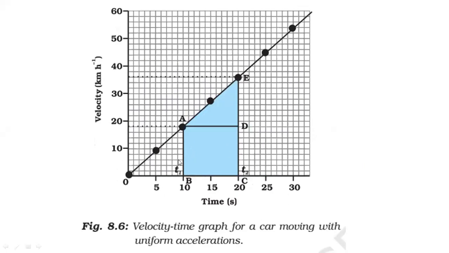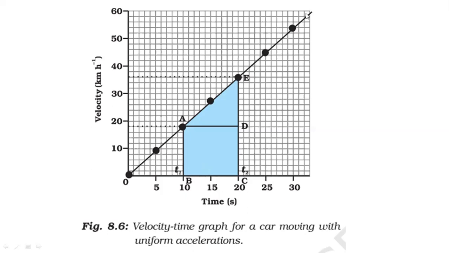Now the same thing, but for uniform acceleration. This is a velocity time graph and it's a uniform acceleration. How can we say that it's a uniform acceleration? Because you can see velocity is increasing by a definite pattern. It's a straight line in a velocity time graph, so you can say this body is traveling with uniform acceleration.